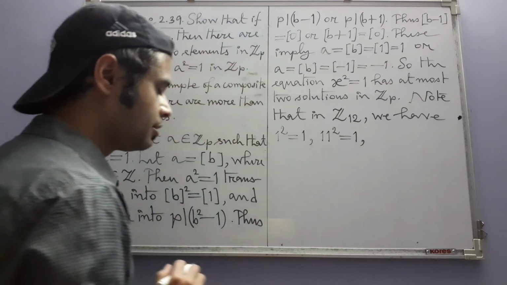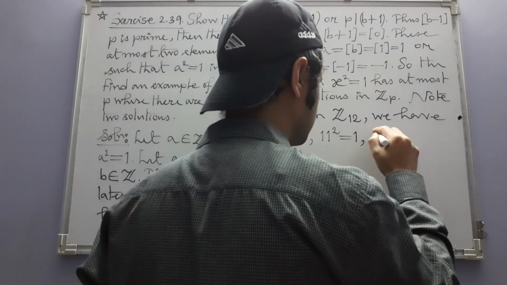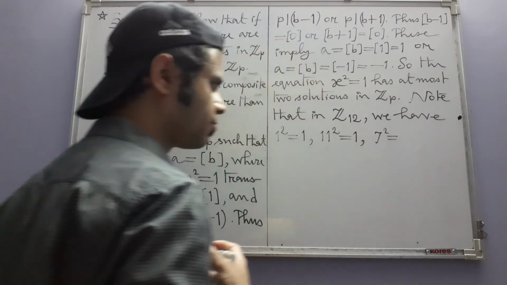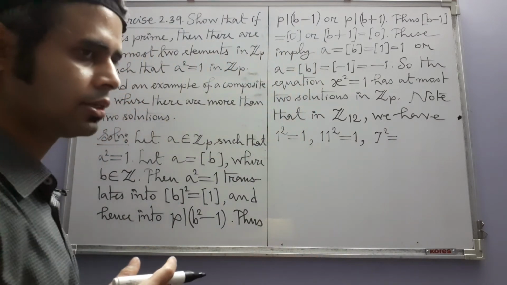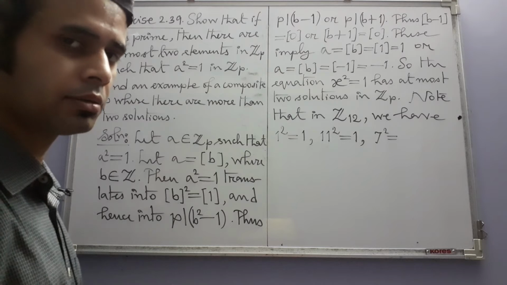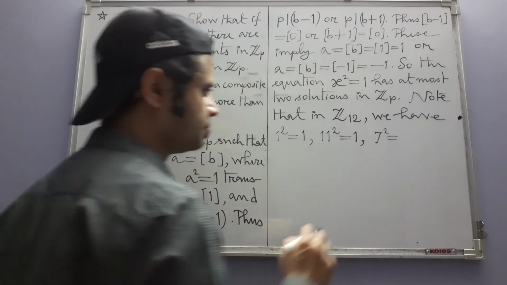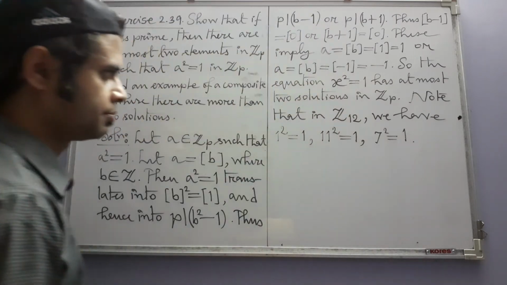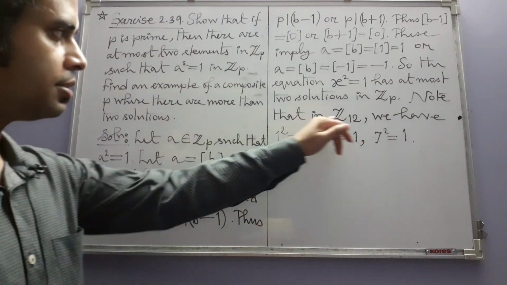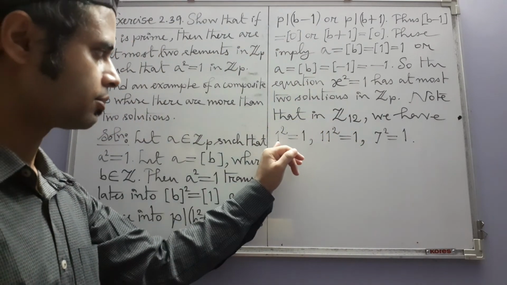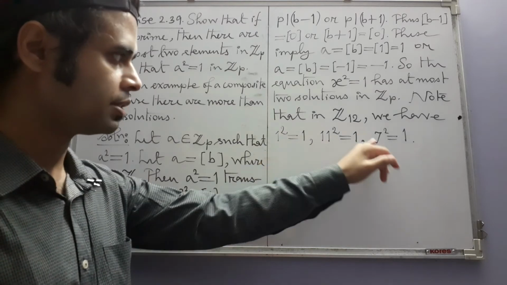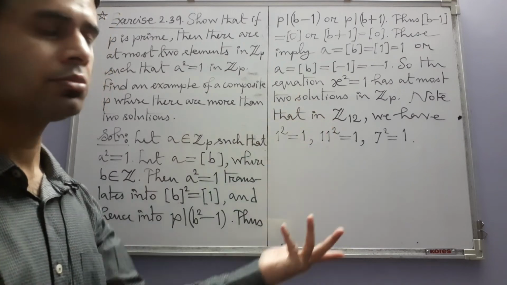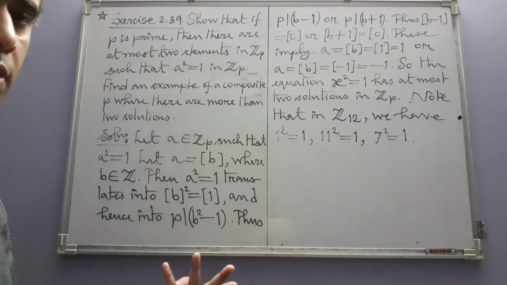But there is something else also whose square is 1. 7 squared is 49, and 49 is congruent to 1 mod 12. So 7 squared is also equal to 1. And in Z12, that means these 1, 11, 7 are congruence classes coming from Z12, that is, the modulus is 12.